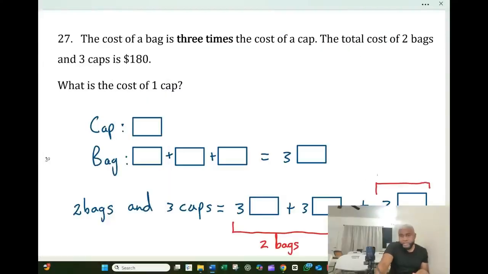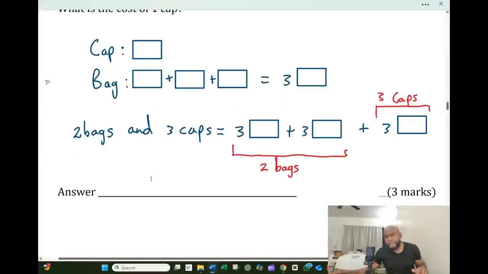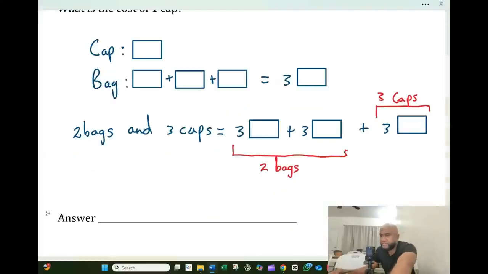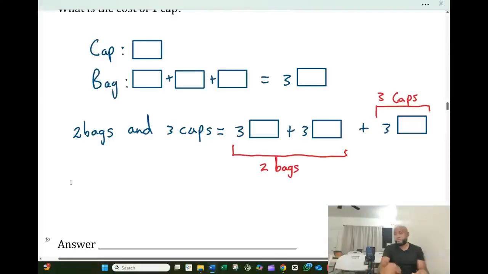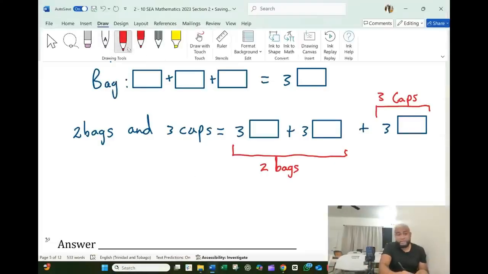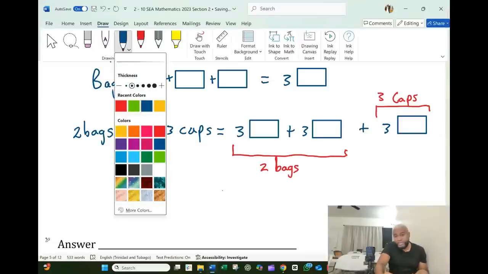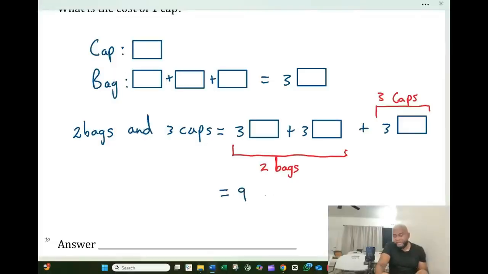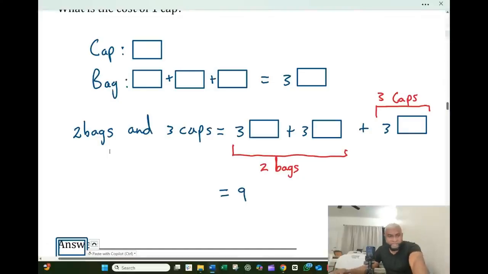This would be 3 caps. Tell me if you're with me. How many boxes do we have in all? 9. So this will be equal to 9 boxes.